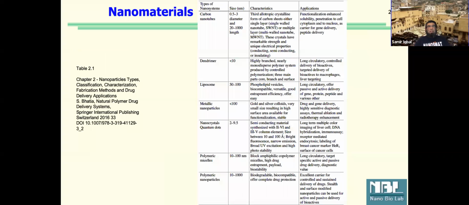And if you look at the types, classifications, characterizations, or their methods of fabrication, there is a whole range of those things. We have carbon nanotubes, which are made of carbon. We'll look at those in another, I think I'll put up a micro lecture on that. There are dendrimers, which are branched particles.